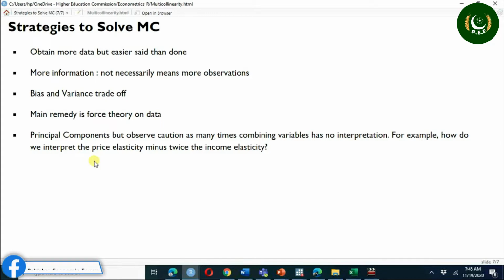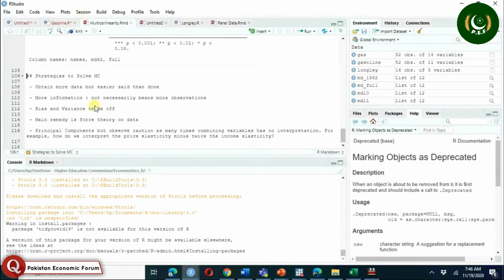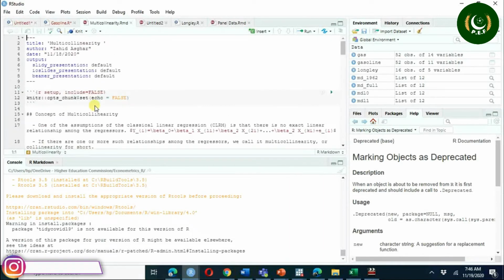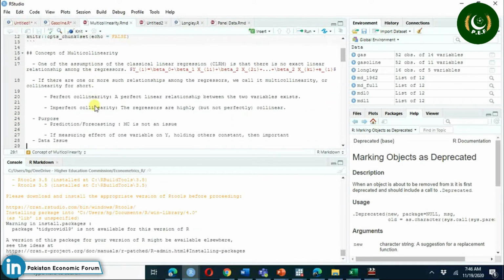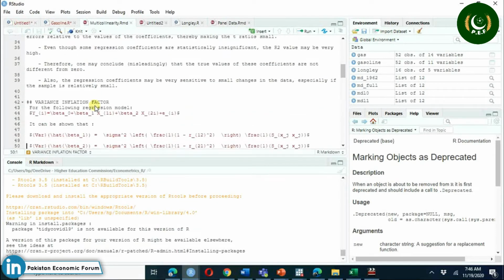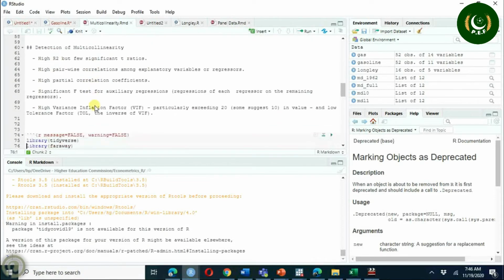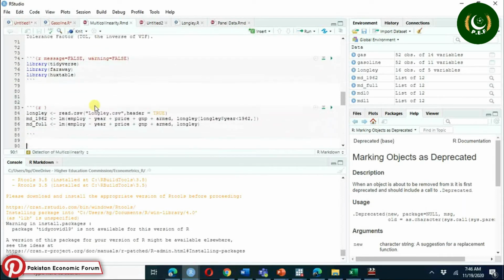And finally, as I mentioned, how I have made these slides. Let's go. I click here in front of you, and we reach R Markdown. So you see, I have written this concept of multicollinearity and all these bullets. You see, Longley data, I have loaded the library.